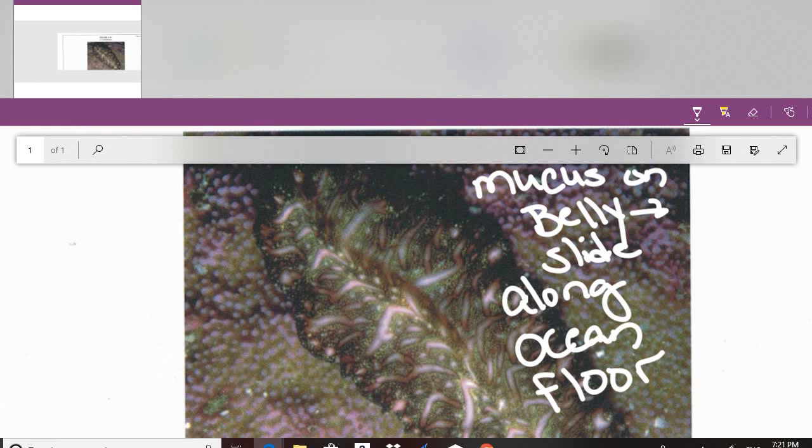Can't see them too well in this picture, but they also have cilia. And they can swim with those cilia. So with the combination of their cilia and this mucus, they are able to move along the ocean floor.